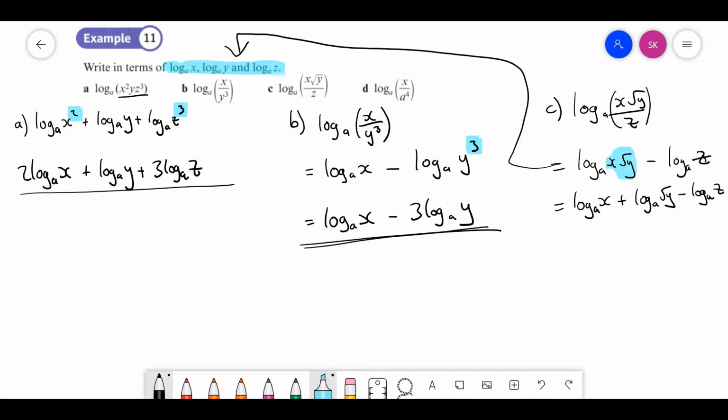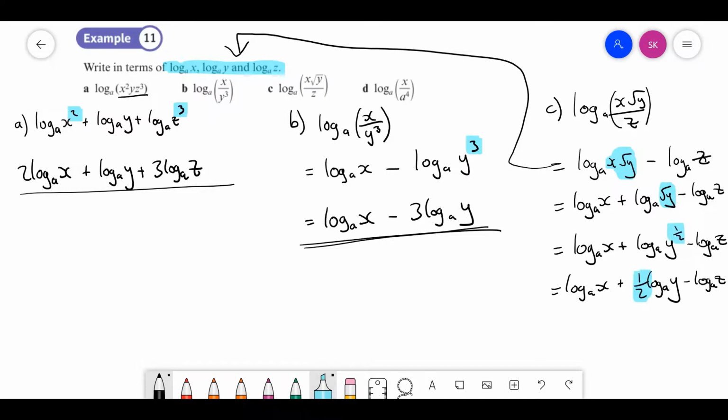So I need to rewrite this root as a power and then use the power law. So you can see there I've brought this power down to the front. So that's quite a nice question, part C. It's combining all three of the laws that we looked at at the beginning of the video.